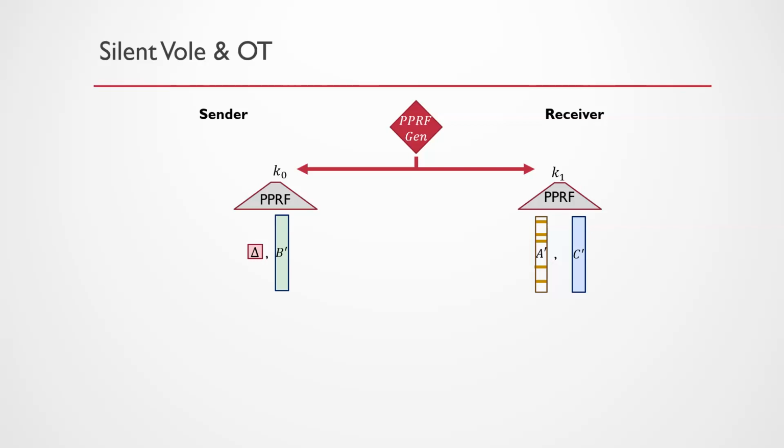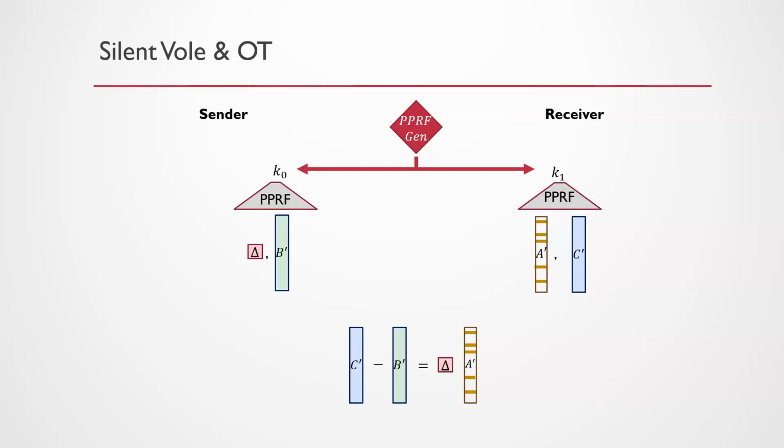The catch is that one of the vectors, A prime here, is almost all zeros. It's super sparse, but the non-zero locations are uniformly random. So what we want to do is compile this sparse correlation down into our desired correlation. It follows the correlation we want, but it just has this sparsity property.